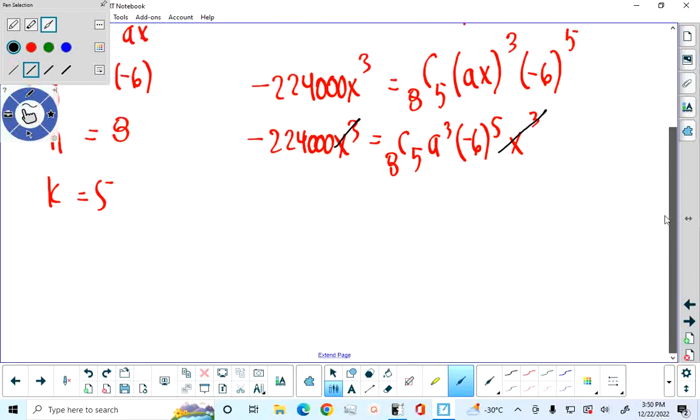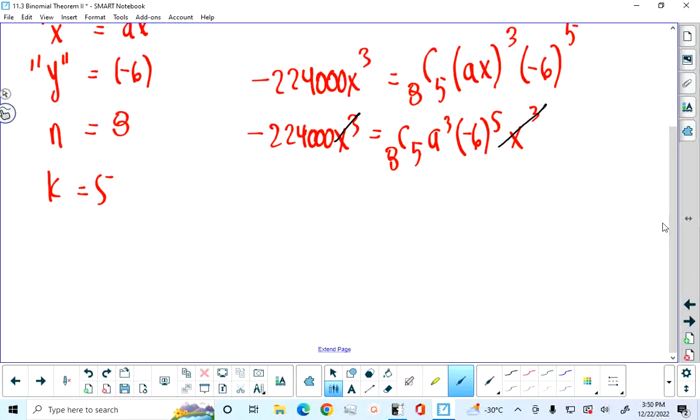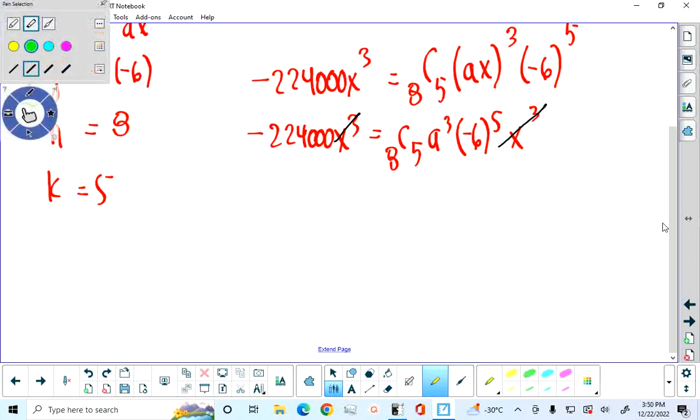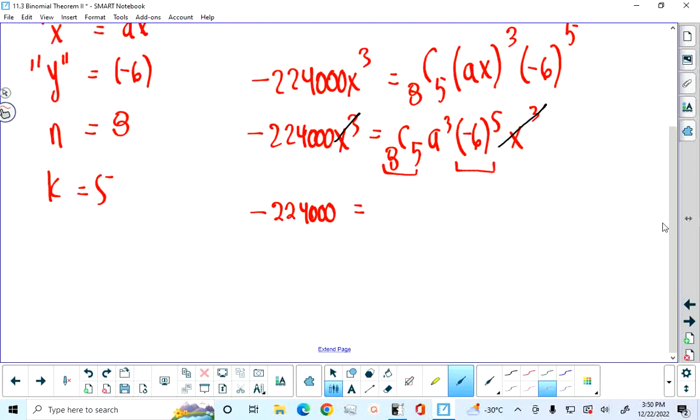This time we are going to have to grab our calculators and figure out what this number on the right-hand side is. We have negative 224,000 equals, I need to figure out what 8 choose 5 multiplied by negative 6 to the 5 is.